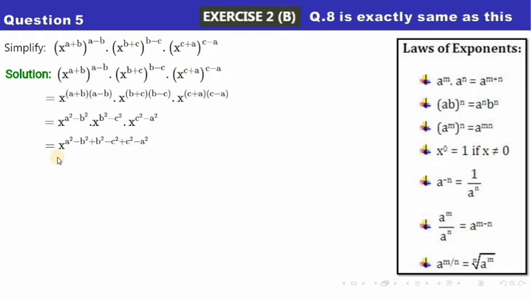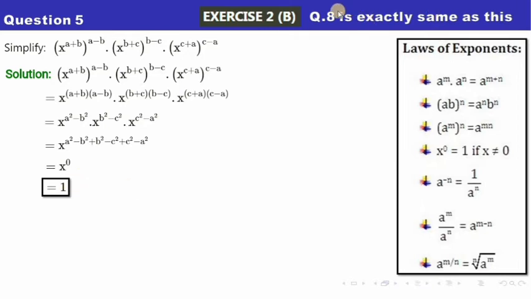Now see here carefully, a square minus a square gets cancelled, minus b square plus b square also gets cancelled, minus c square plus c square will also get cancelled. So everything is vanishing. How much is left? We have only 0. So this is x to the power 0, and we know that x to the power 0 is always 1. So your answer is 1 in this case.